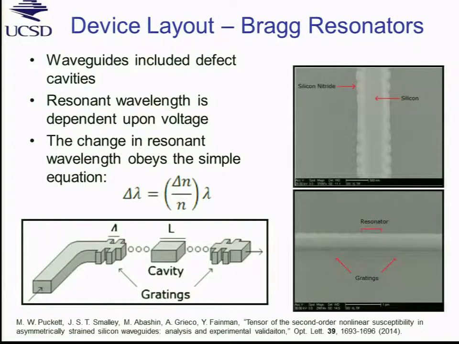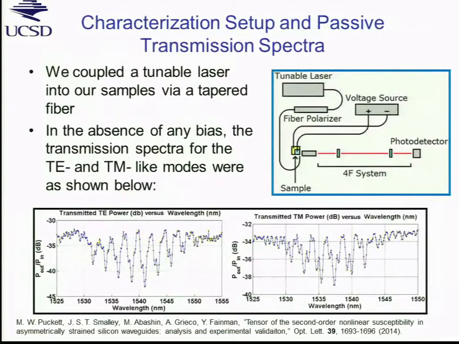These are SEM pictures to show you that it's for real. And this is more or less the setup that I mentioned. We apply electric field, we use a tunable laser source, and we observe the shift of the resonance. So there are two transmitted curves, one for TE and one for TM, and this enables us to detect independently two different coefficients in the Chi2 tensor.